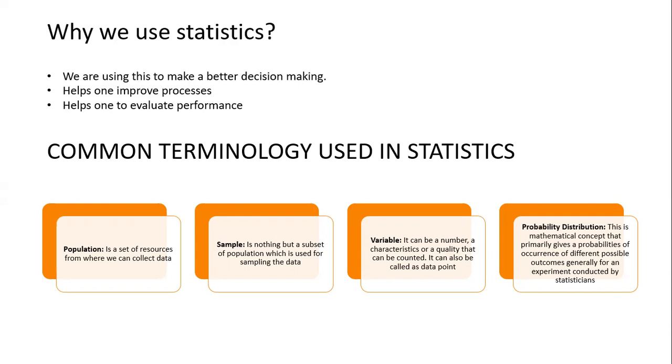This can be a number or a characteristic or a quality that can be counted, and this is also called a data point. And probability distribution, this is the most important thing we will be using in data science. This is a mathematical concept that primarily gives the probabilities of occurrence of different possible outcomes, generally for experiments conducted by statisticians.